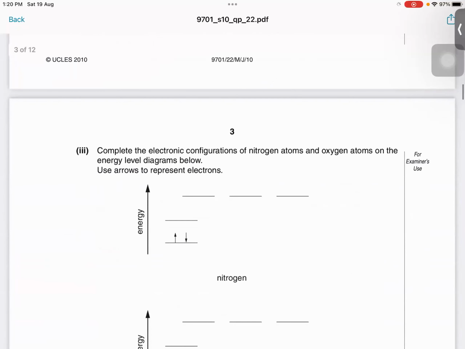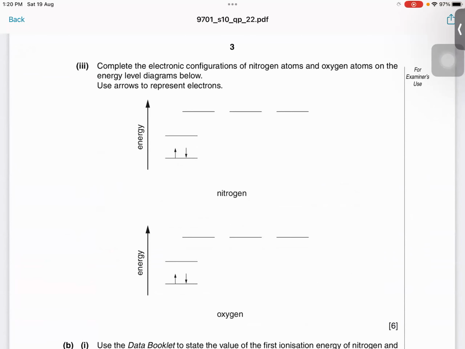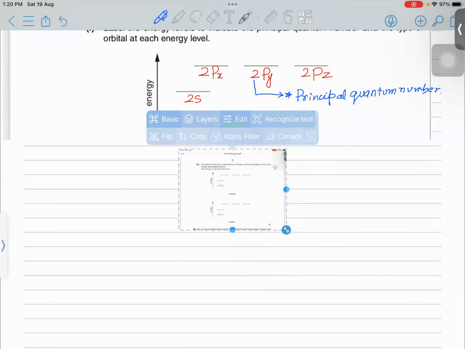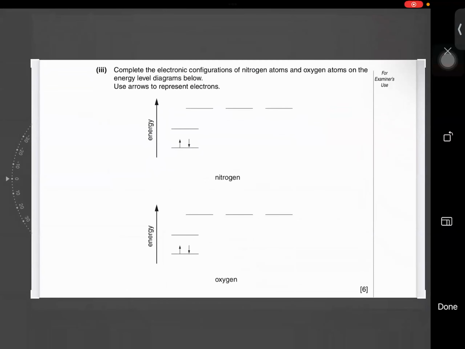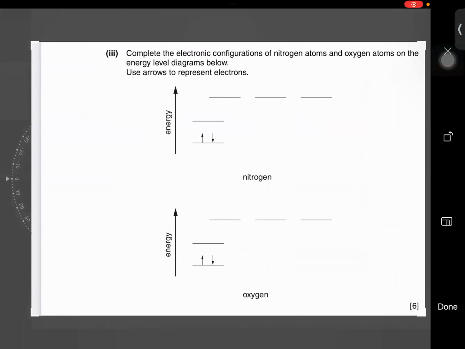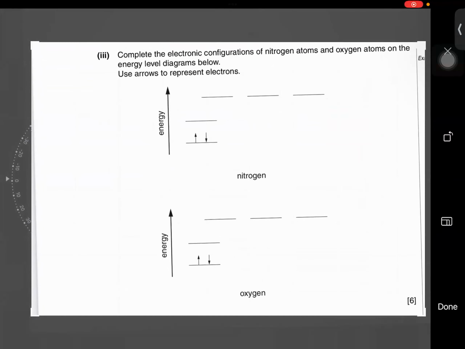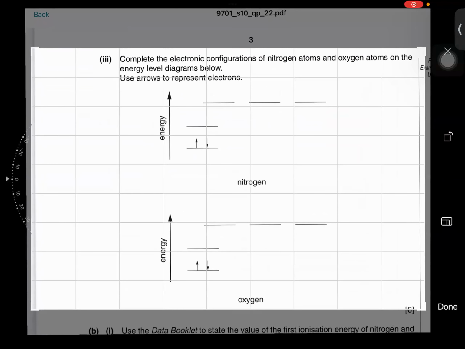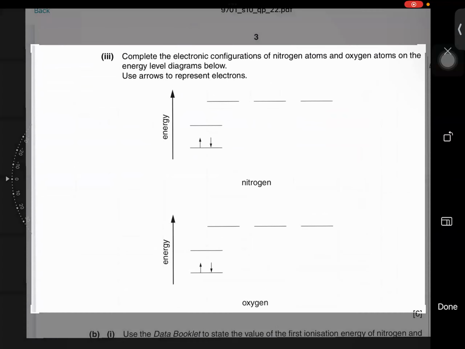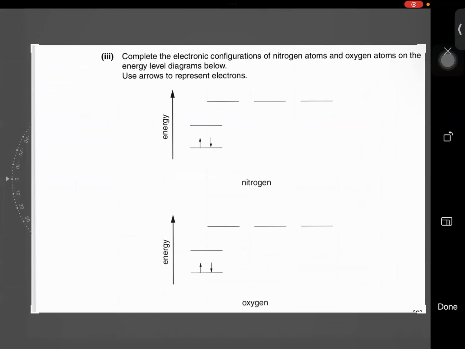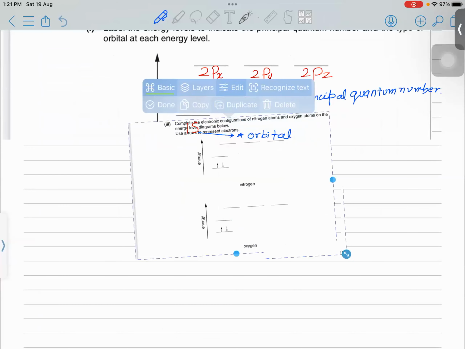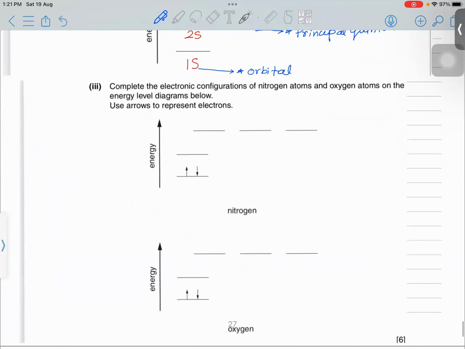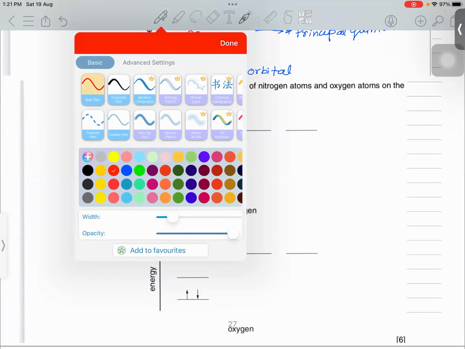Now two elements are given, oxygen and nitrogen. Can anyone tell me the electronic configuration of nitrogen?